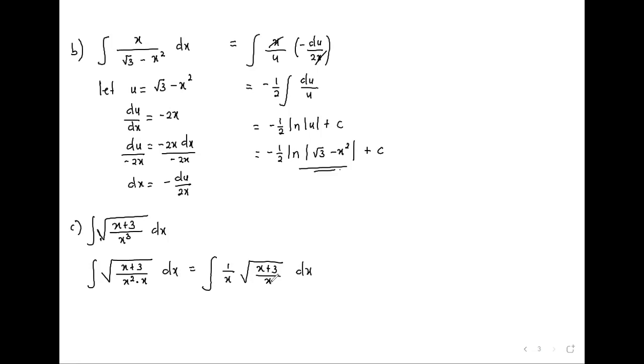let's see, if we let u be what is inside, x plus 3 over x, what is the derivative of u? This is the same as 1 plus 3 over x, so the derivative is going to be negative 3 over x squared, which is not anywhere outside.